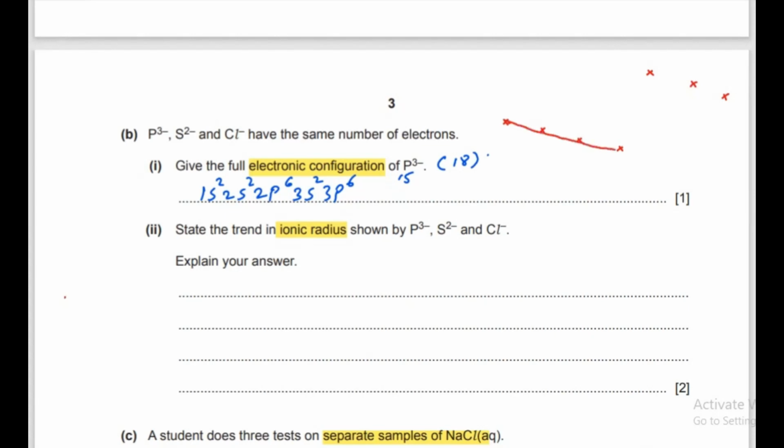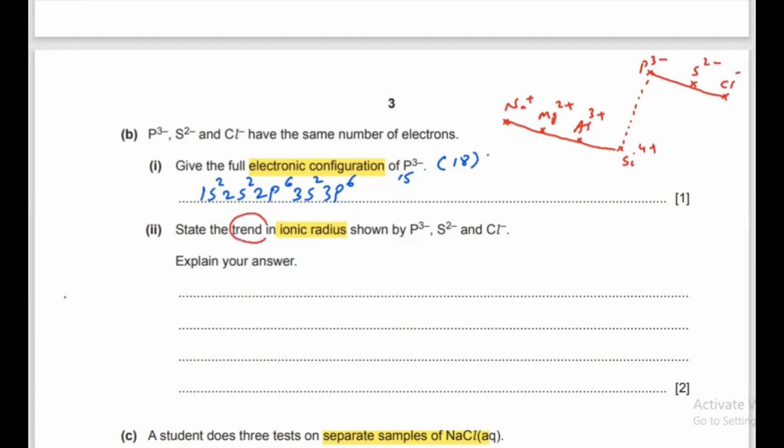So this is the graph of the ionic radius of period 3 elements or anions.